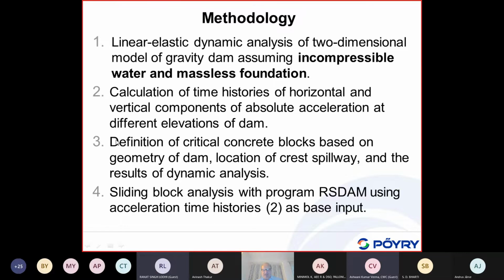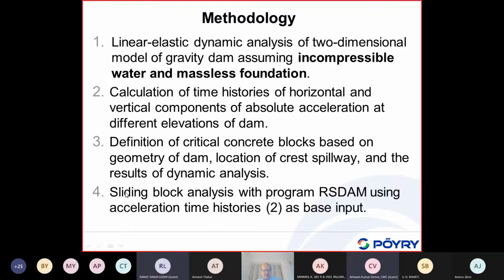Number three, one has to define critical concrete blocks based on the geometry of the dam, the location of the crest spillway, and the results of the dynamic analysis, besides the global failure modes which I have mentioned before, which are used for the static stability analysis.